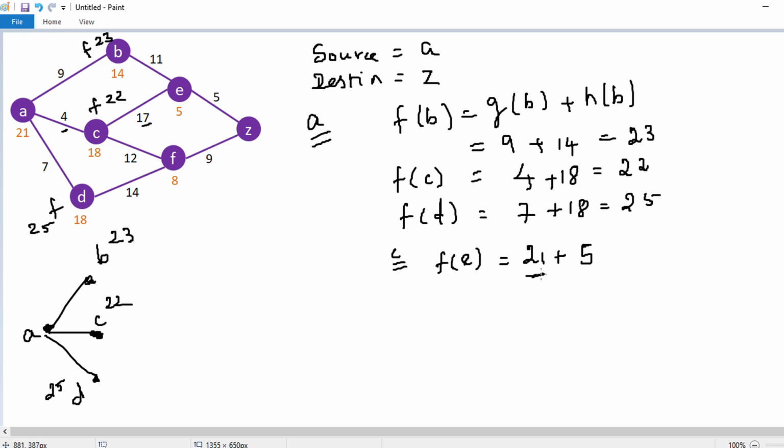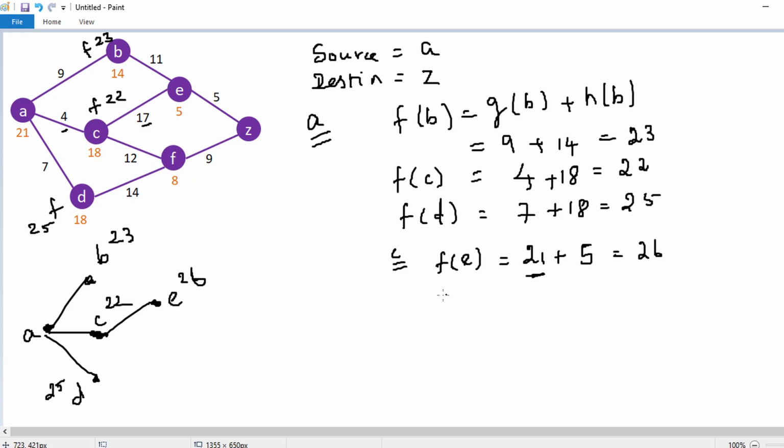That is G of E. H of E is 5. So this is 26. So here F is 26. So when I am expanding C, I am getting to E, which has an F value of 26.